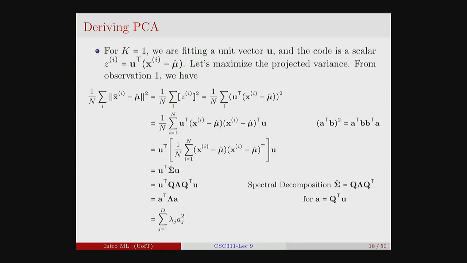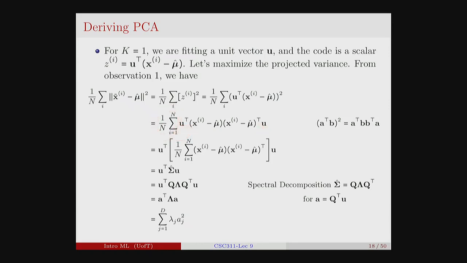Going from here to here, I'm just going to write out the square using this identity: (A transpose B) squared is (A transpose B)(B transpose A). Next, I'm going to move the summation inside and move the u and the u transpose outside the braces.